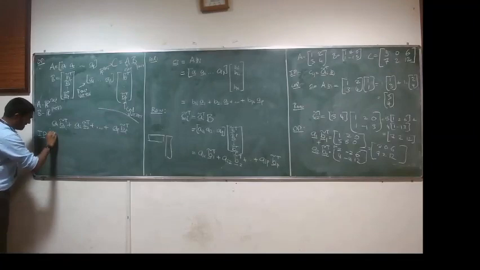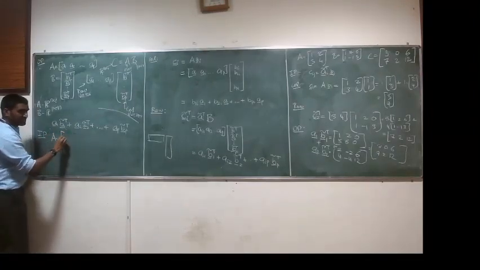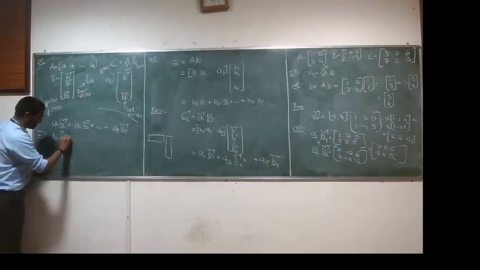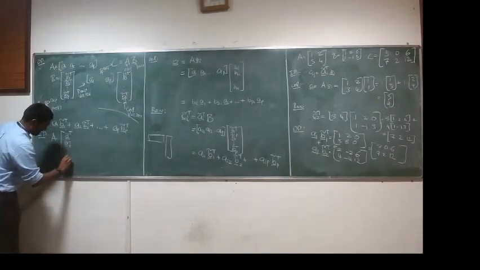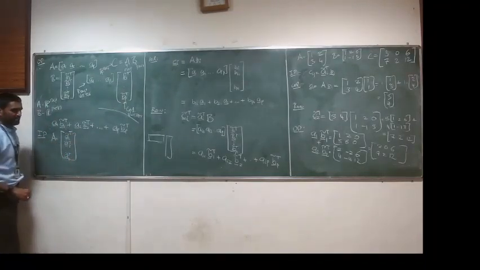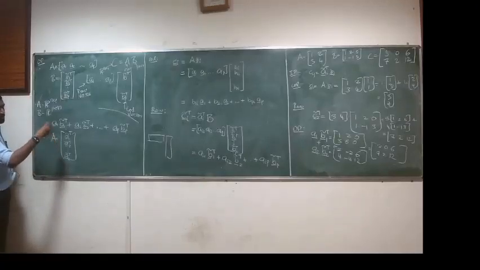Let's say we look at A as a block matrix of rows, and B as a block matrix of columns.